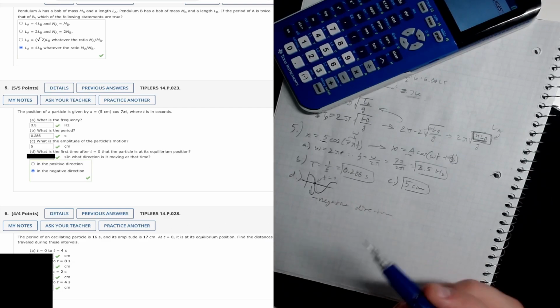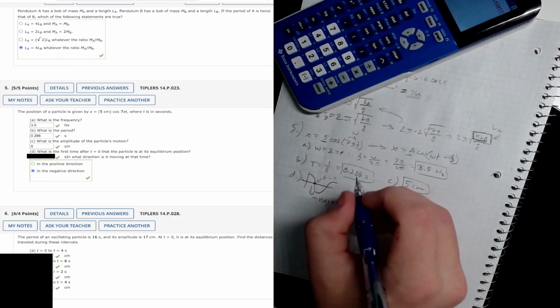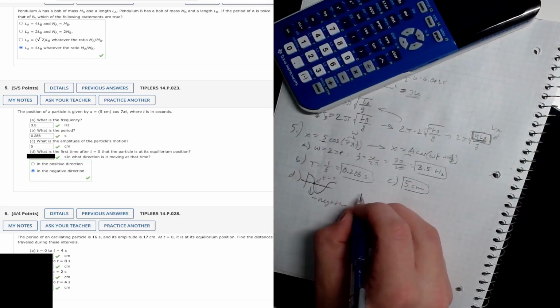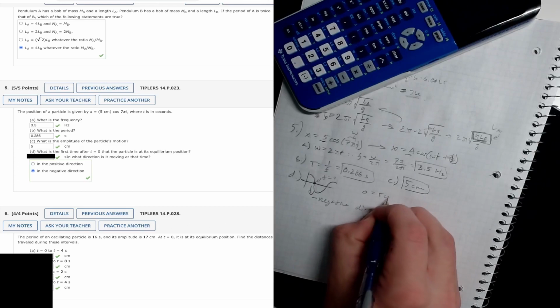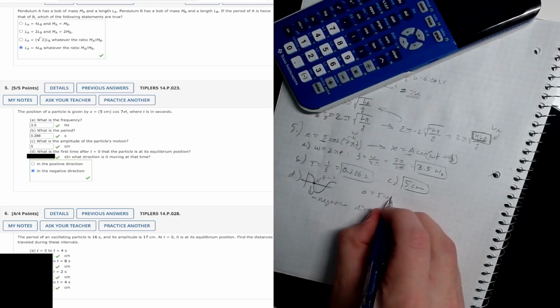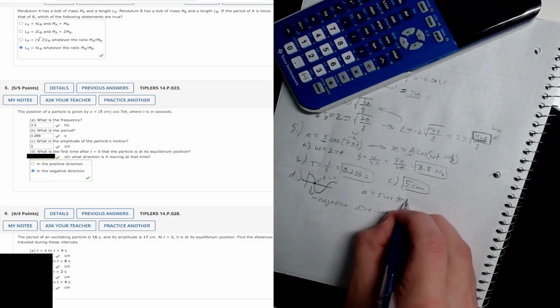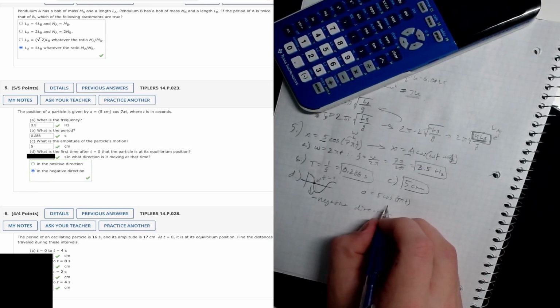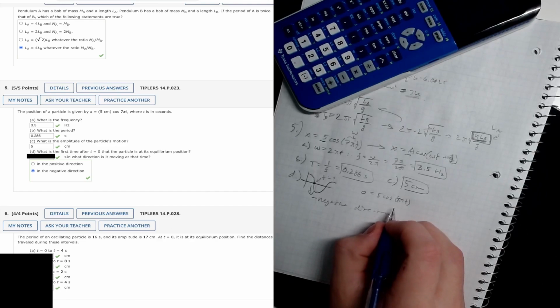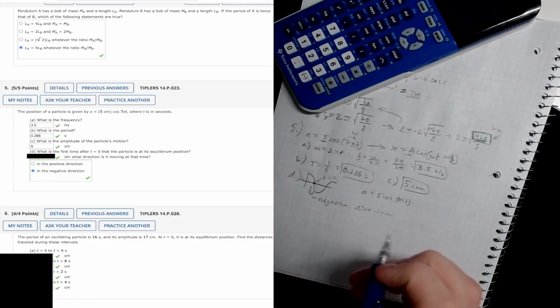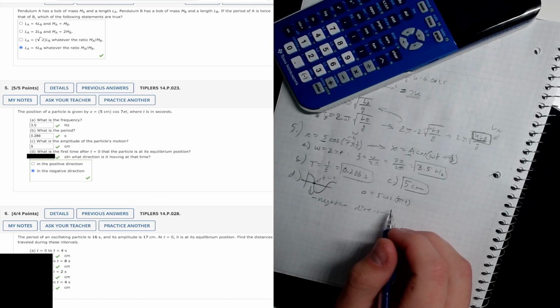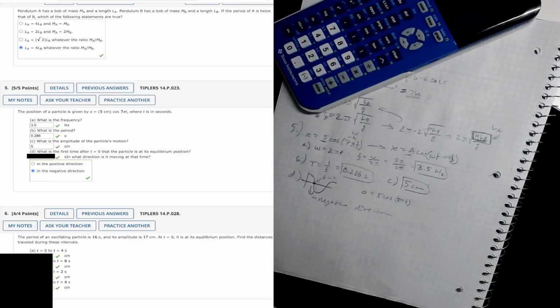So we can already answer the last part, but now as for the actual time, we just do position equals 0 equals 5 cosine of 7 pi t, solving for t. Cosine of what is 0?